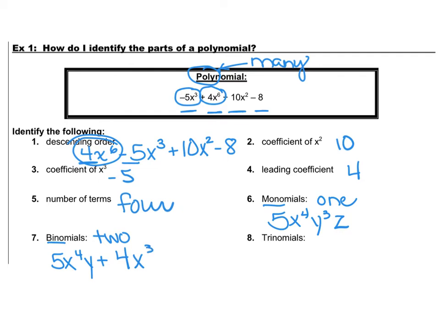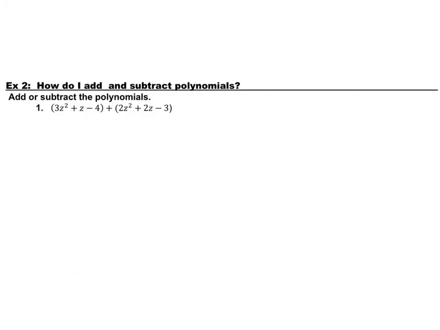And a trinomial, we know that tri means 3. So in this case, we could have 5x squared plus 4y plus maybe 8. So how do I add and subtract polynomials?